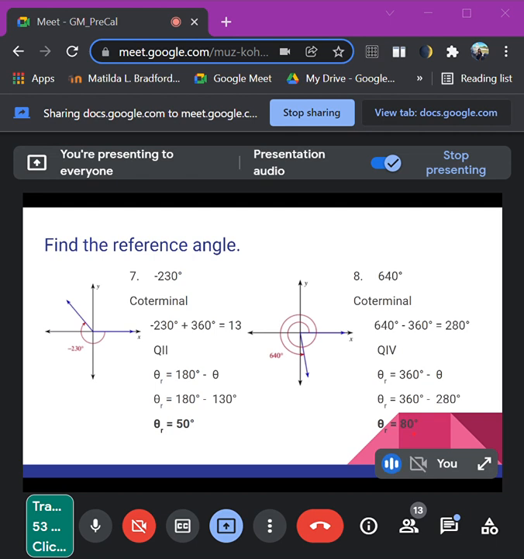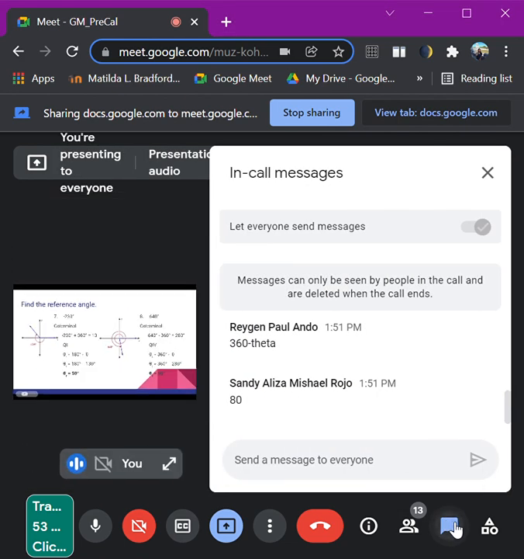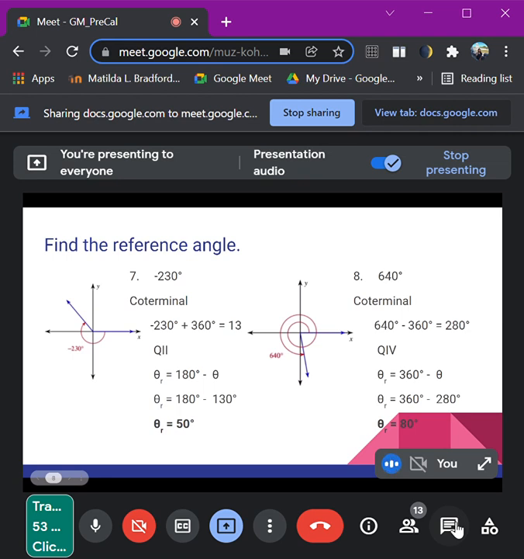Okay, so now do you have any questions? Clarifications for reference angle. Questions, clarifications, violent reactions, and so on and so forth.